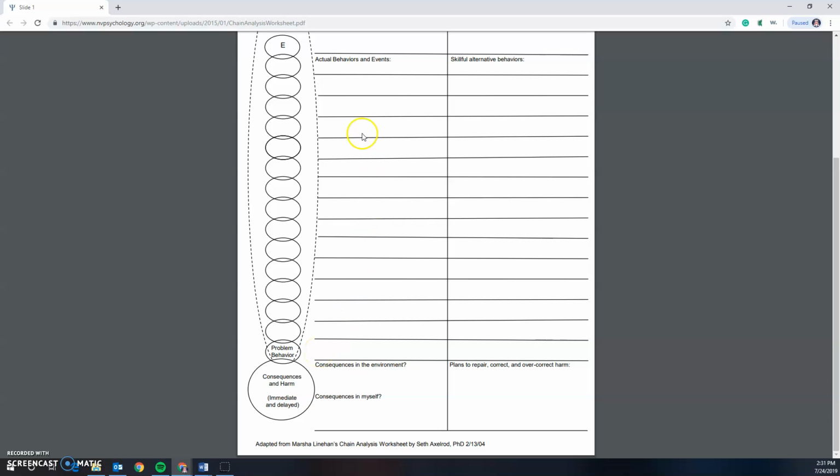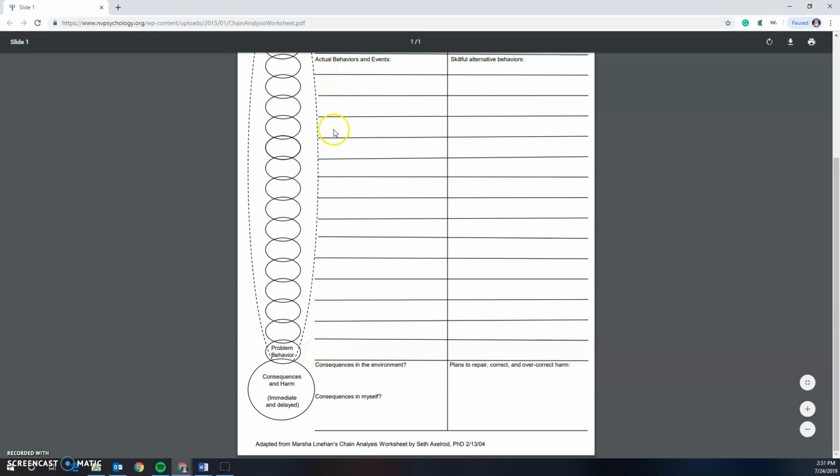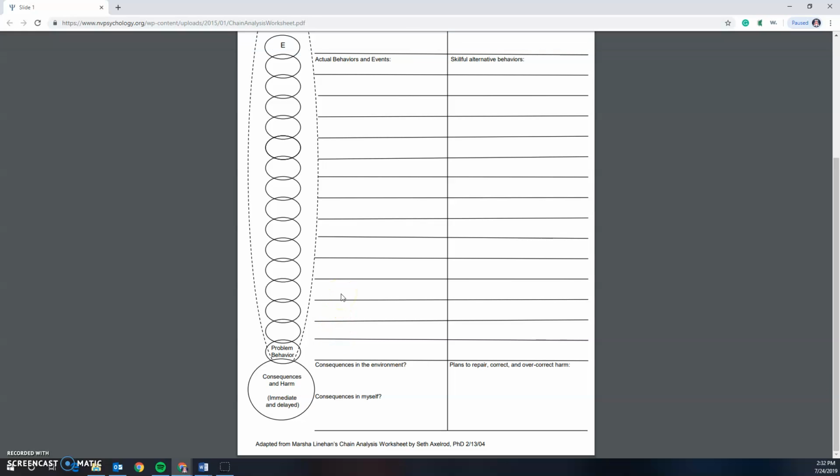The next step is to identify actual behaviors and events that eventually lead to the specific problem behavior. Now you want to try to fill in as many of these lines as you can. That may be tough, I understand. It can be really hard to split things apart and really dig deep in between all of those little instances, but you really want to break it down carefully.